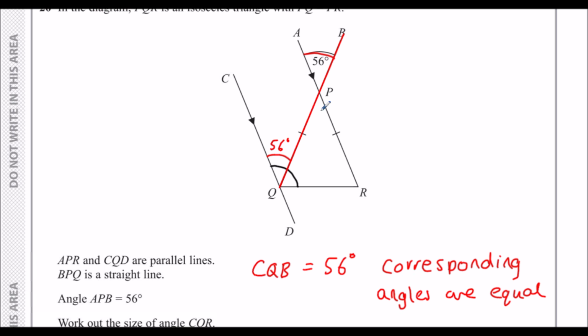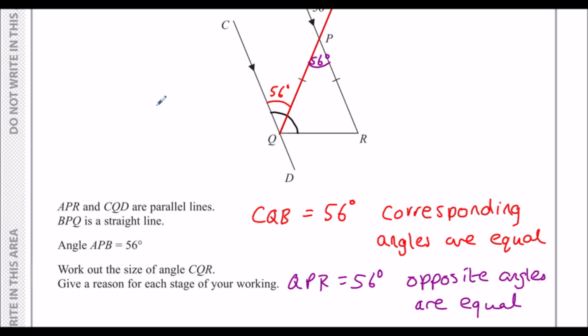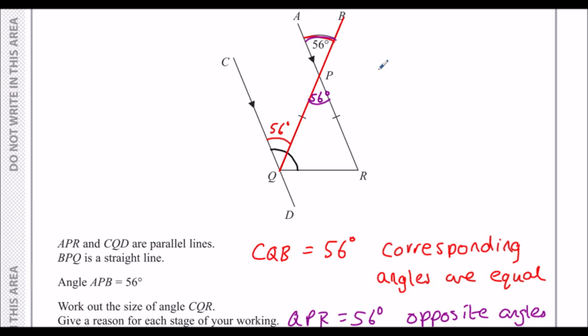We can work out QPR because opposite angles are equal. So QPR is also 56 degrees because opposite angles are equal. And then we can use this isosceles triangle.